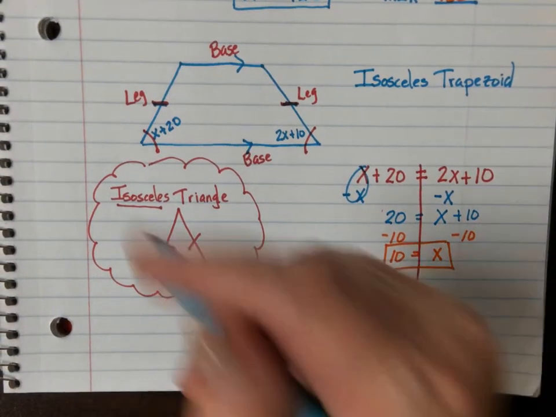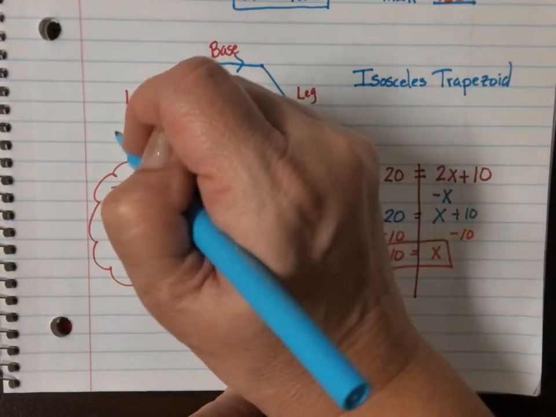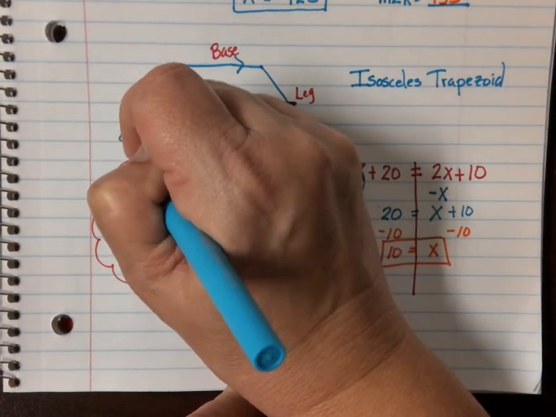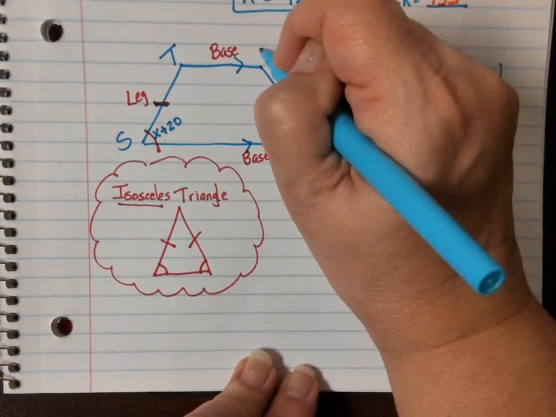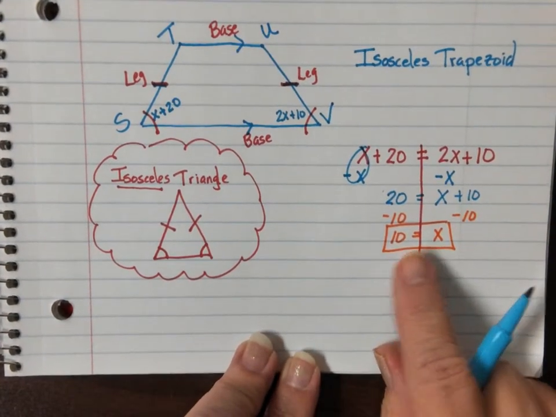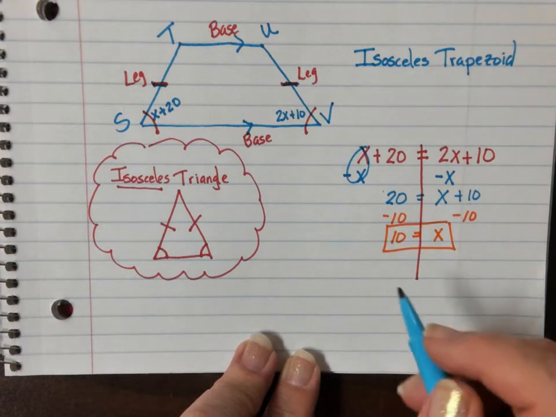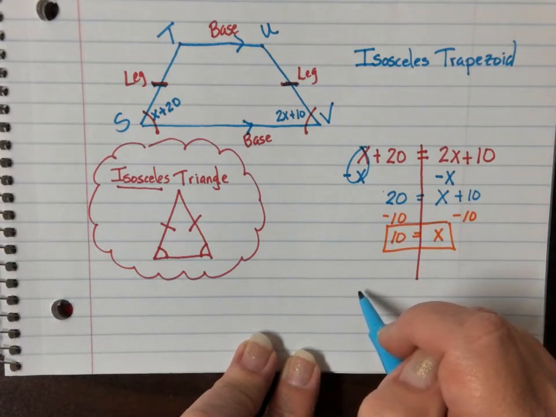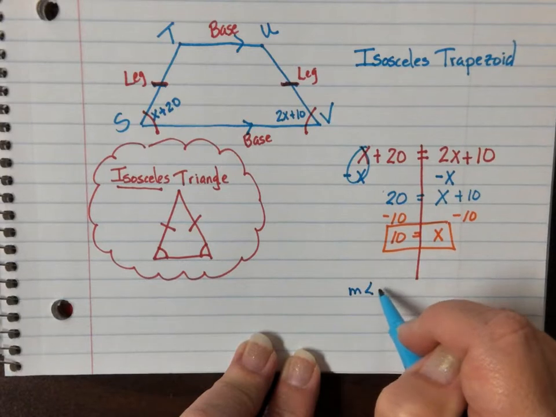Alright, now let me add some labels to the vertices. This S, T, U, V. So x is equal to 10. But then what if they said find the measure of angle S?